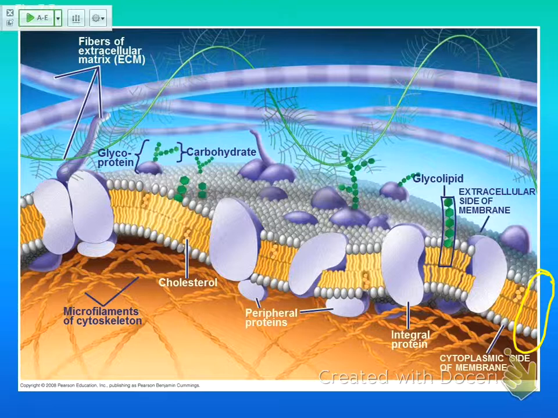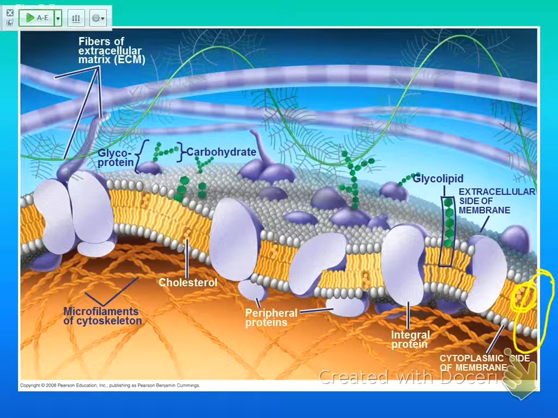We've got our phosphate glycerol groups to the outside, and then to the inside the two fatty acid tails. And notice that we've got some cholesterol, some steroids, which are also lipids, right? So they're down in there in the hydrophobic region.